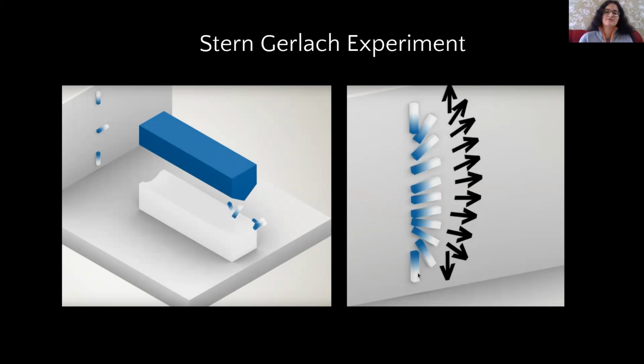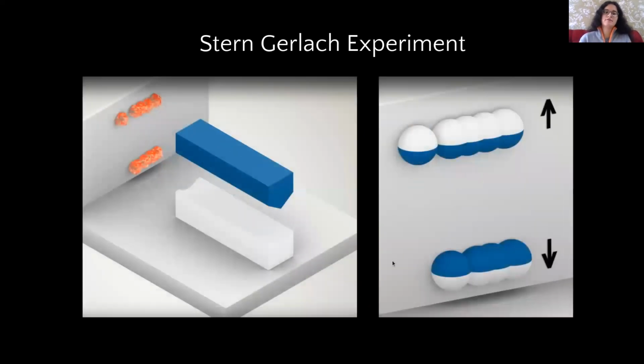Now, instead of a magnetic dipole, if we were to project an electron or some other quantum physical system that could represent a qubit through this experiment, then what we observe is that we only get two possibilities. Either the object gets deflected upwards or deflected downwards, and nothing else, only these two options.